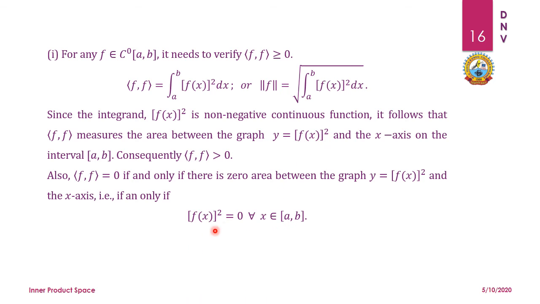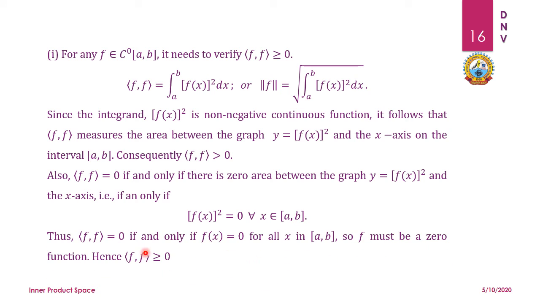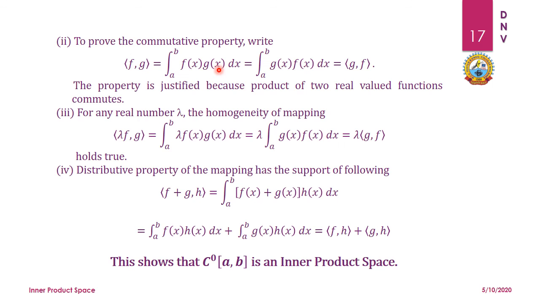So this is what we have written: f(x) square equal to 0 for all x belonging to the interval a, b, and hence we say that this is a positive definite inner product f comma f, because equality is possible only if f(x) is 0. This entire discussion of positive definiteness is very important for further problems.